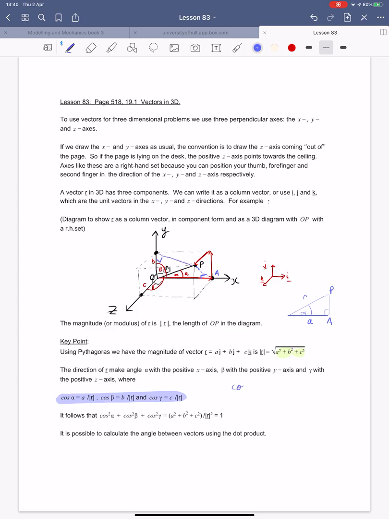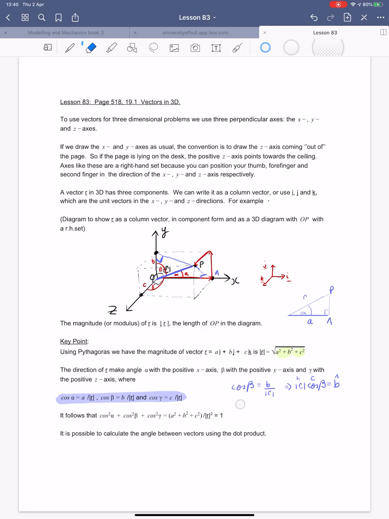So if you like, cos beta equals B over mod R. So this means that R cos beta equals B. So that's the hypotenuse, that's the cosine, that's the adjacent. So the hypotenuse is the long one there. It's just hard to see these right angles.